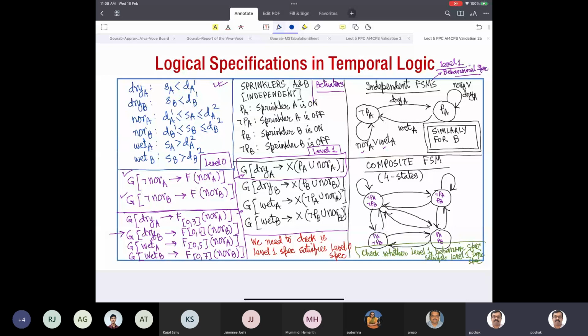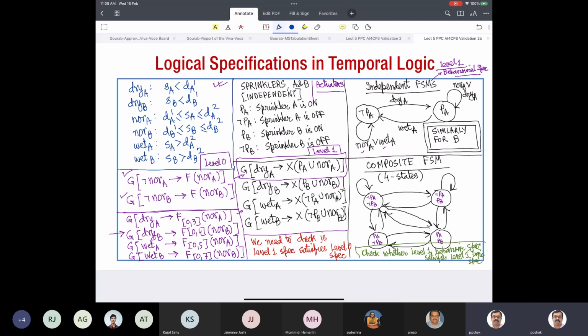We had two sensors, SA and SB, SA for field A, SB for field B, and we defined Boolean functions: dry A if it is less than the desired point, dry B if B is less than the desired point, normal A if it is within the range, and wet A if it crosses the range. These are the soil sensors.